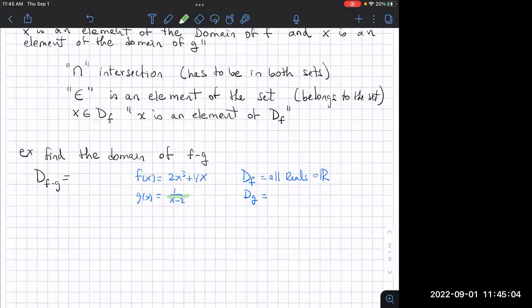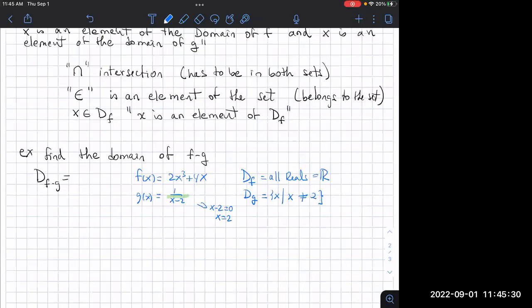Is there a restriction in division? Yeah, x cannot be 2, because if x is 2, the denominator is 0. So if x minus 2 is 0, that means x equals 2. So the domain of g is the set of all x's so that x is not equal to 2.